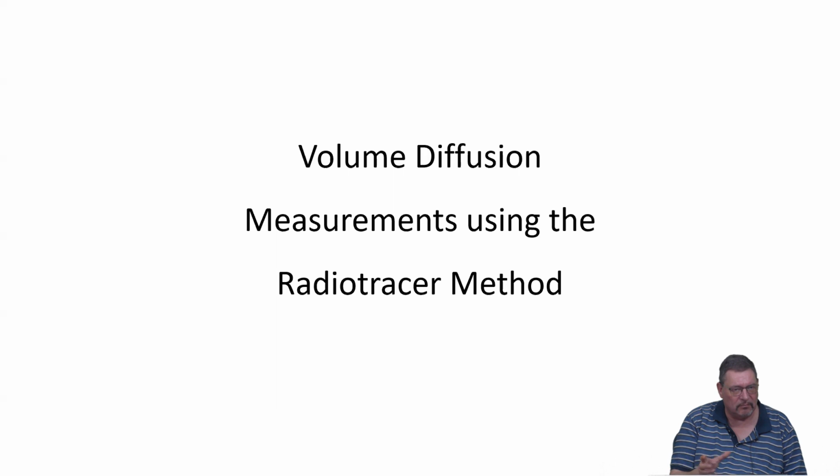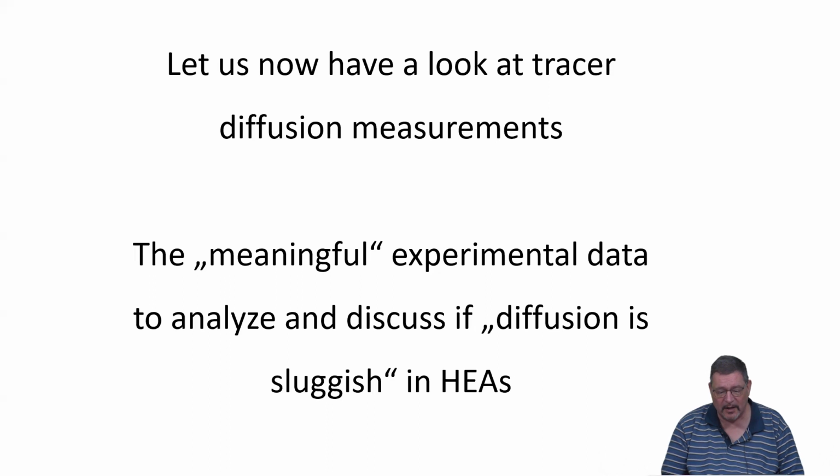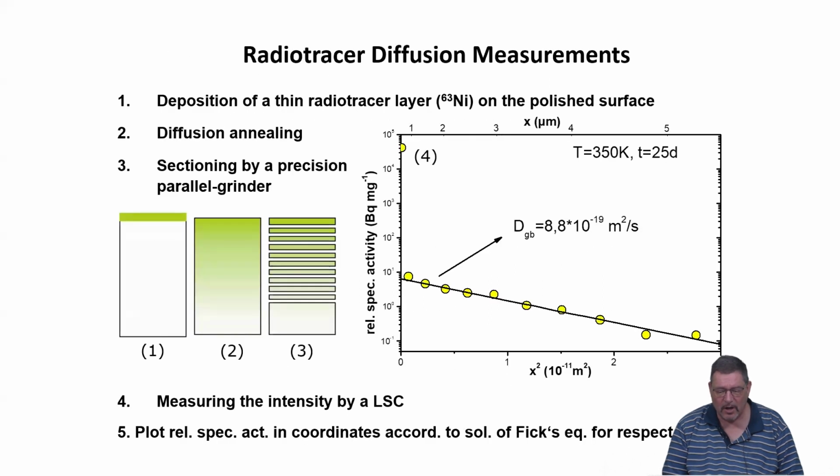So we can, with good quality and accuracy, say tracer diffusion coefficients are self-diffusion coefficients. So we measure self-diffusion. These are then the meaningful experimental data to discuss and analyze if diffusion is sluggish. You know how it works.